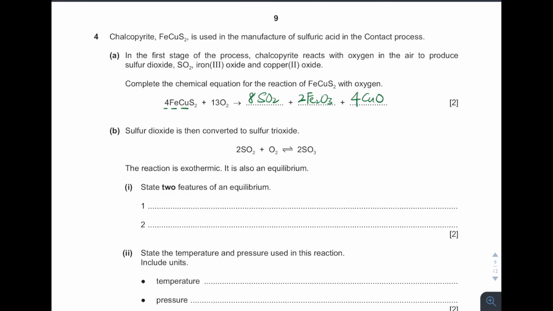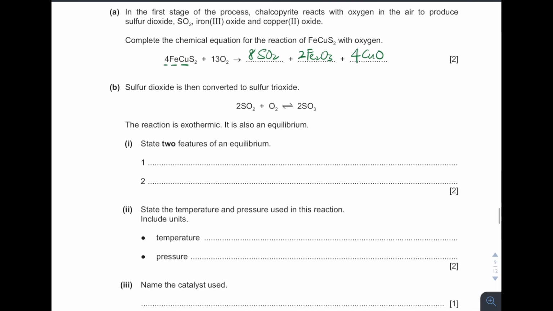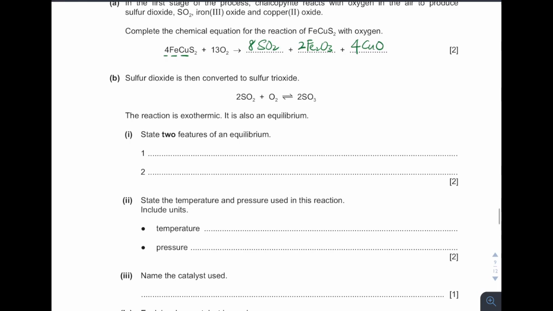Then next one, given this, this reaction is exothermic. State two features of an equilibrium. What happens during equilibrium again? Define the term. First, during equilibrium, the rate of forward and backward reaction is the same.